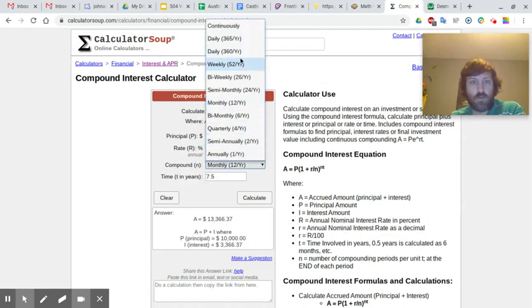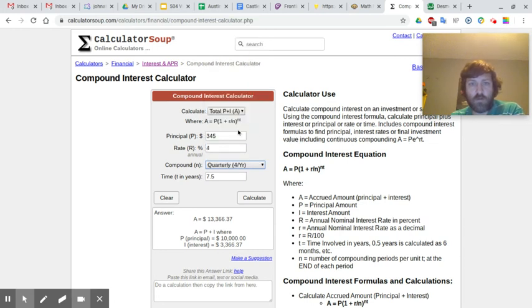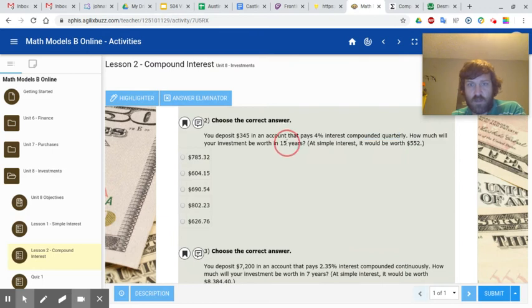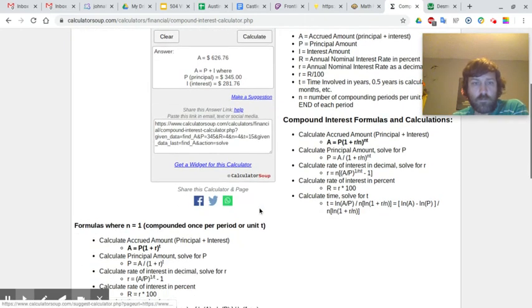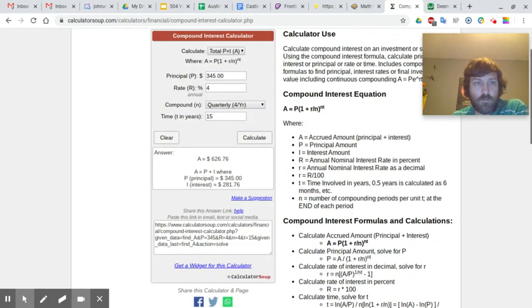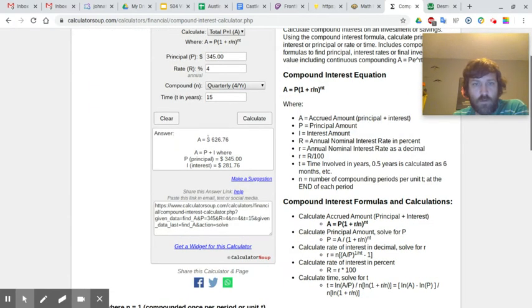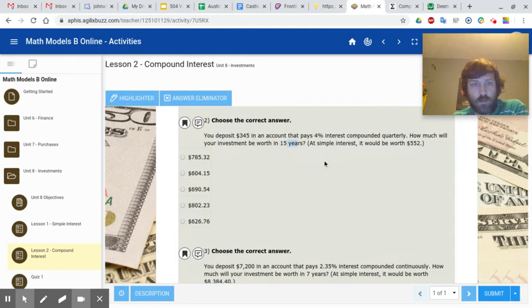So we find quarterly, which is 4 times per year. And we see it's going to take 15 years. So back over here and hit 15. And then we're going to calculate. All right, so 626.76. There we go.